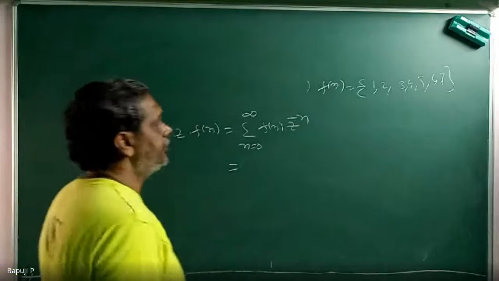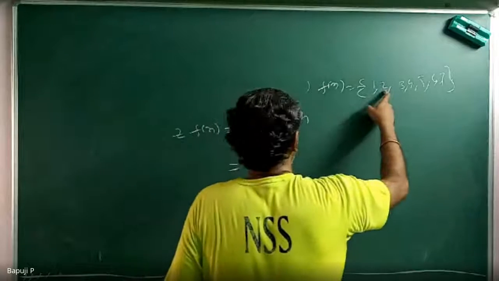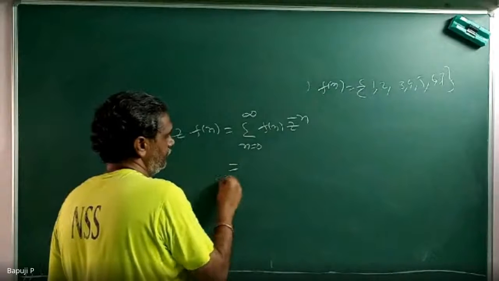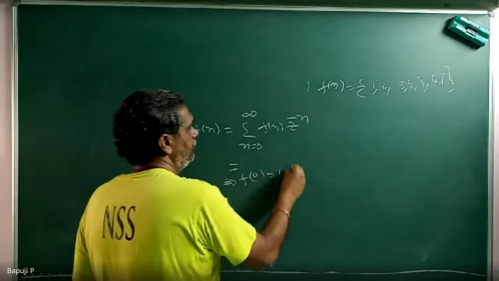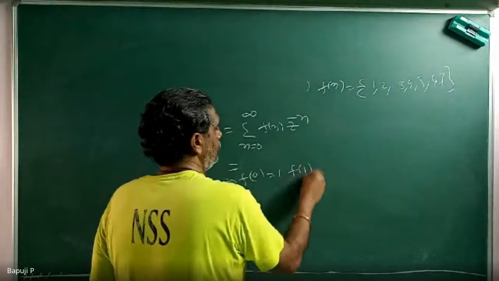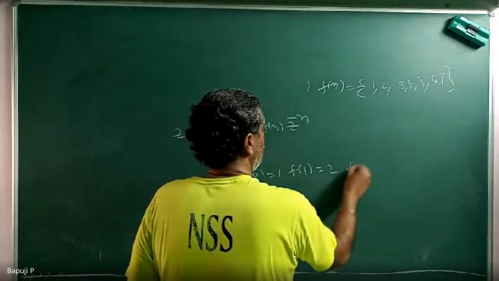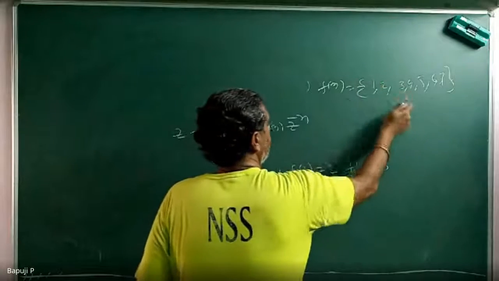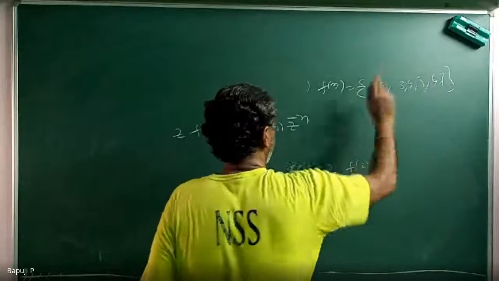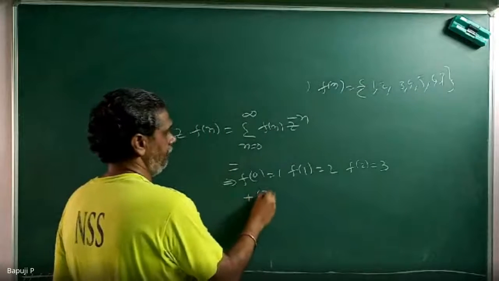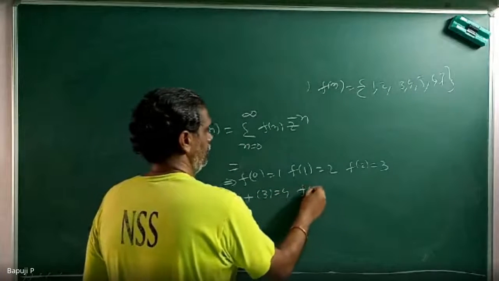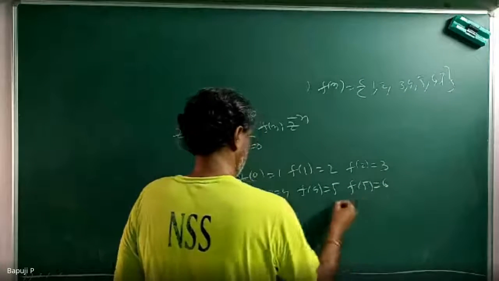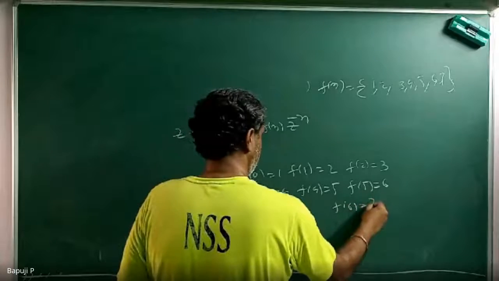So n is equal to 0 means 1, n equal to 1 means 2, 2, 3 and so on. So f of 0 is equal to 1, f of 1 is equal to 2, f of 2 is equal to 3, f of 3 is equal to 4, f of 4 is equal to 5, f of 5 is equal to 6, f of 6 is equal to 7.